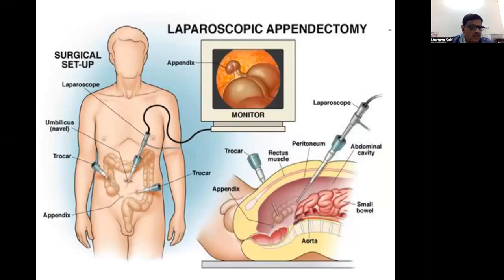This shows the umbilical port, a 10 mm port and a 5 mm port. Monitor is present at the head of the patient and the surgeon on the left side of the patient.